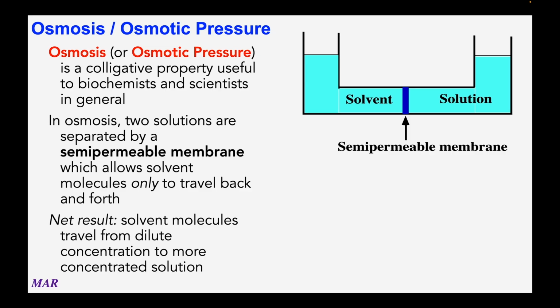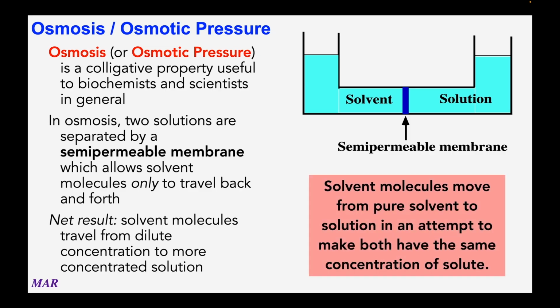And what tends to happen is that solvent molecules rush into the solution side. So if you started with, say, 1 molar sodium chloride, you might end up with 0.5 molar sodium chloride, because the solvent is rushing to the solute side and it dilutes your solution. And it's just a wild phenomenon, but this is something that scientists actually see.